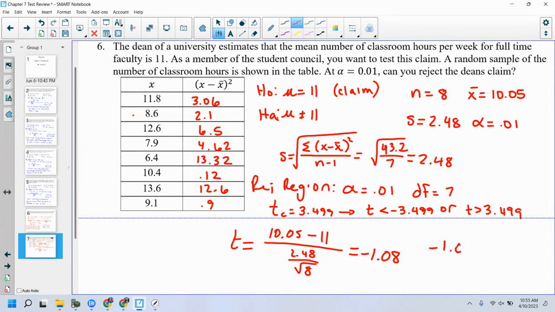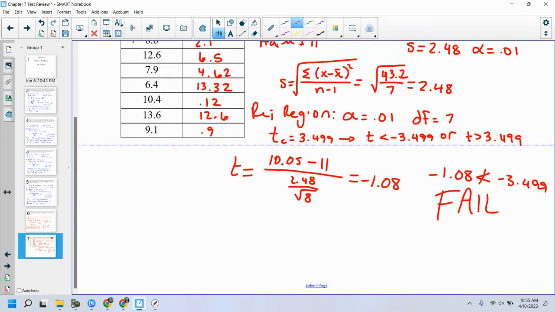So since negative 1.08 is not less than negative 3.499, we fail to reject. We cannot reject that claim. Now, can we say that the claim is true? No, it's just not guilty. It's not necessarily innocent, it's just not guilty.